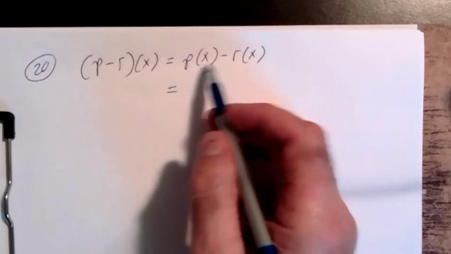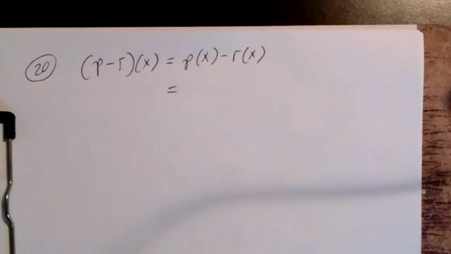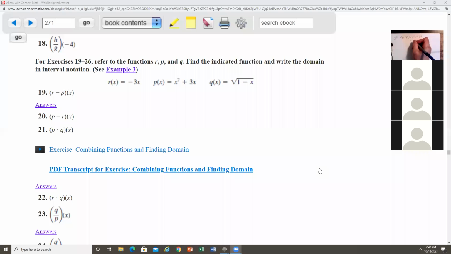But now, how was P of X defined? And how was R of X defined? Well, P of X was this quadratic function, x squared plus 3x. And from that, we're going to subtract off R of X, which is this linear function, negative 3x.